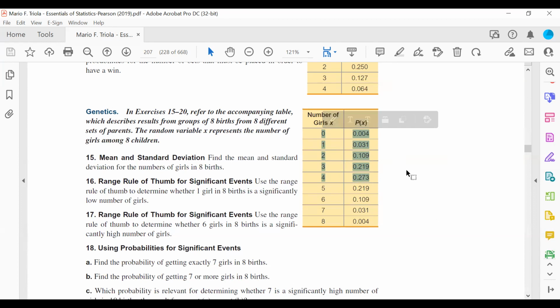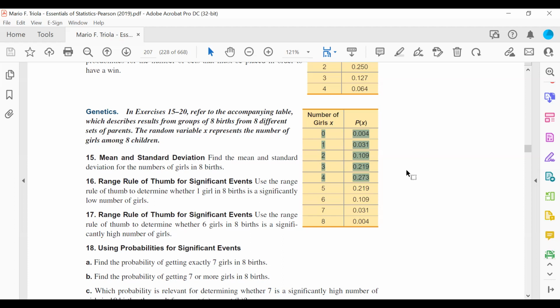So it's from 4, add from 4 down. You add those 5 numbers: 0.004 plus 0.031 plus 0.109 plus 0.219 plus 0.273.